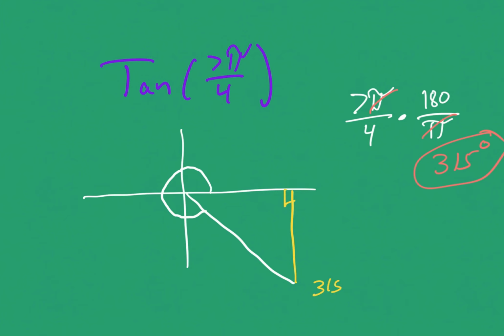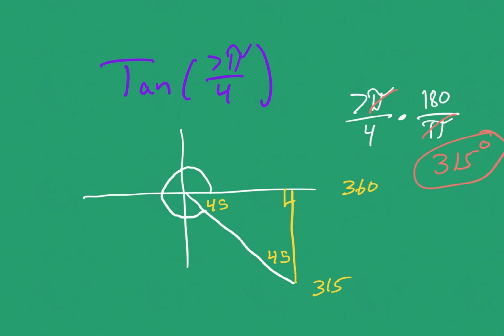This is 315. Where I drew my vertical line to is 360. What's the difference between 360 and 315? 45. So we've got a 45, 45, 90.